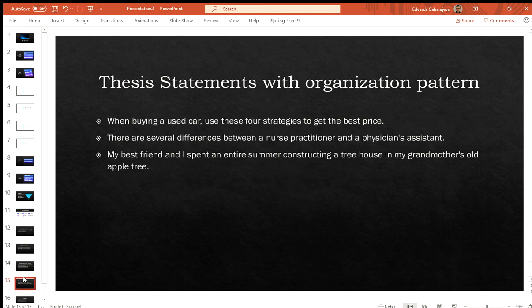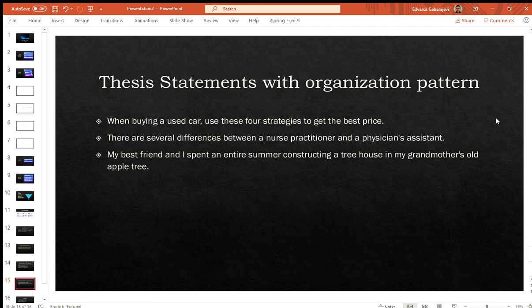Also, in these examples here, thesis statements with organization patterns, right? Different thesis statements, not the ones before, but these thesis statements basically show how the essay is going to be organized. So is it a chronological essay? Is it a comparison and contrast essay?